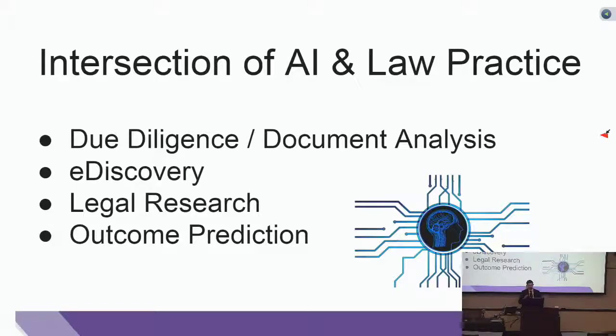One is the due diligence document analysis space, things like mergers and acquisitions or reviewing contracts, automating a lot of that traditional first-year associate work. Also e-discovery with technology assisted review. Of particular interest to us librarians, legal research. And then also utilizing analytics and other tools, looking at outcome prediction.